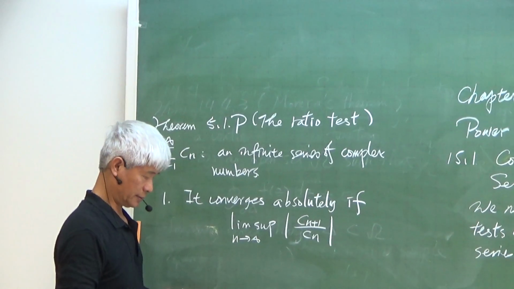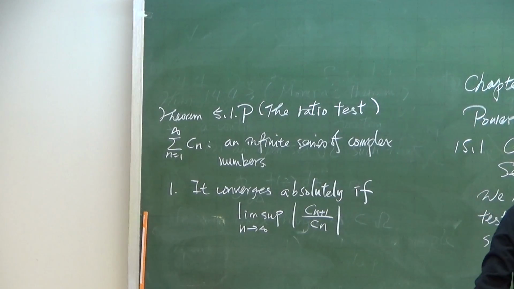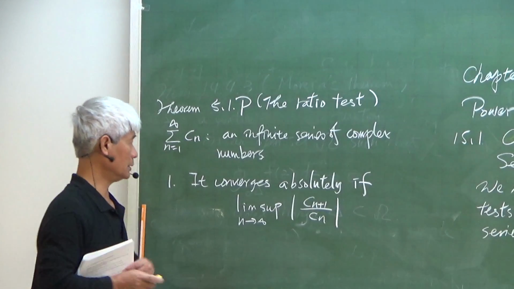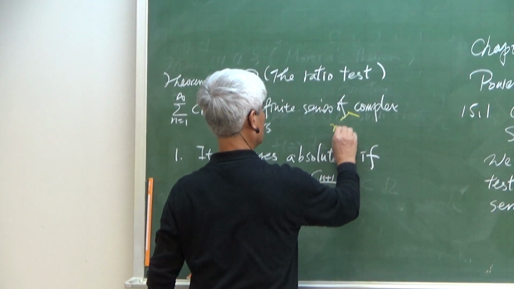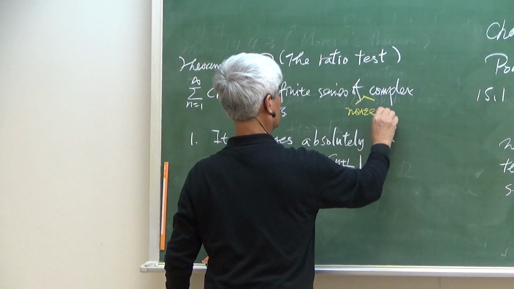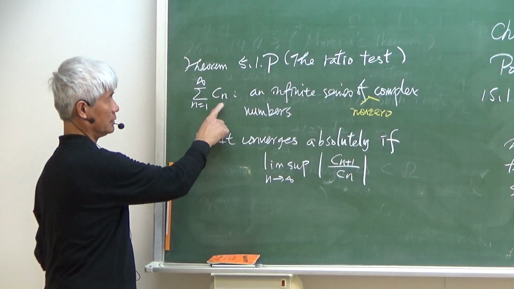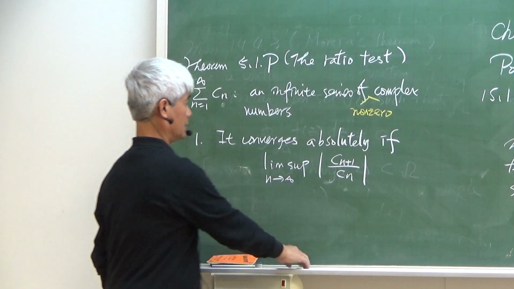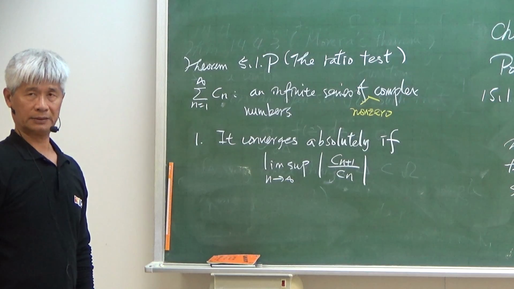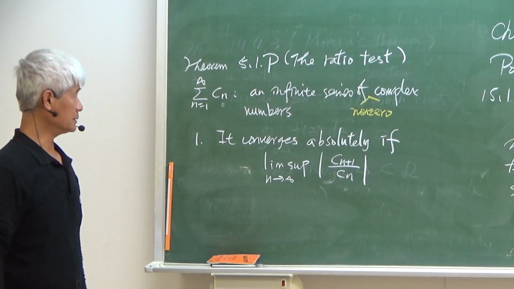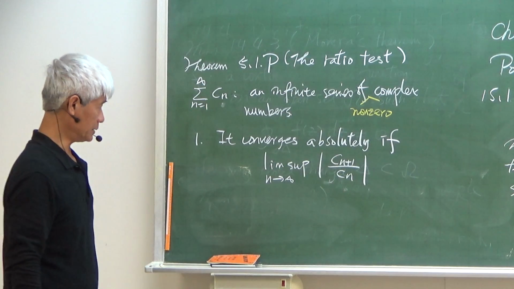We require something because we will put the terms in the denominator, so here we need to consider series of non-zero complex numbers. So Cn are non-zero complex numbers, and we will not be embarrassed to encounter the case that some denominator is 0.